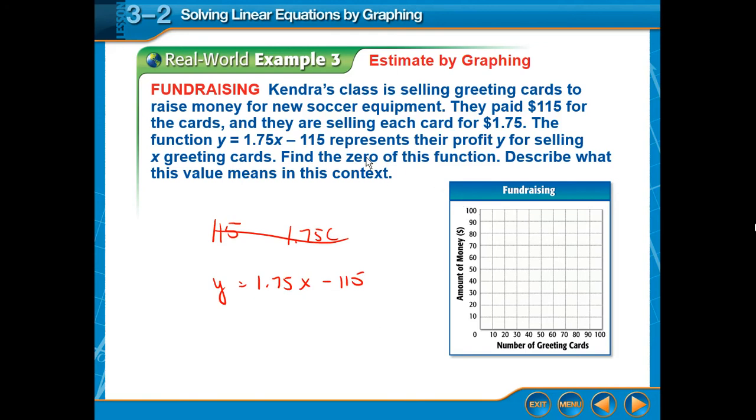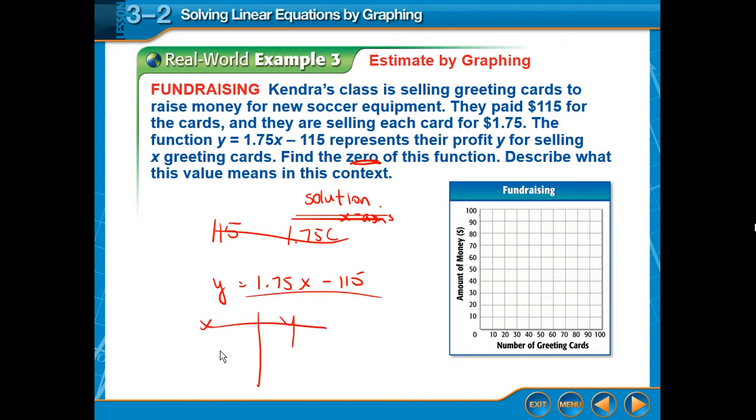So remember, we can find the 0. 0 is another word for the solution. So solution and 0 are the same thing. So that's when it's going to touch the x-axis. Okay. So I want to graph this. So I'm going to make a table of values, x and y.